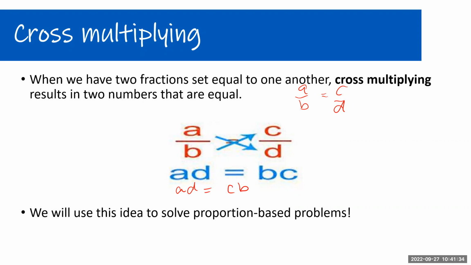So you cross the numerator times the denominator of the other, and it's going to equal the numerator of that one times the other denominator. This is going to help us solve proportion-based problems.